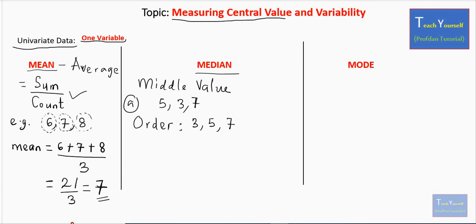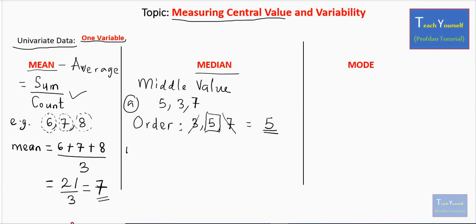And how do you find the middle value in this case? Looking at the left side you have 3, the right side you have 7, and what stands out in the middle is 5. So the median in this case is 5. That is the middle score.